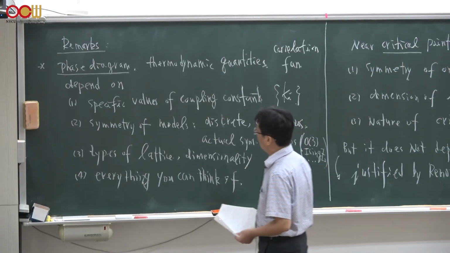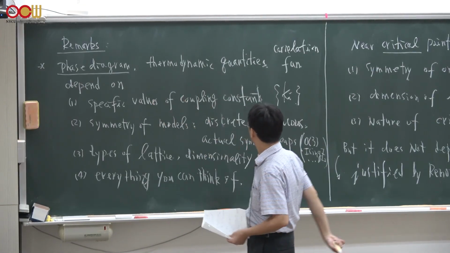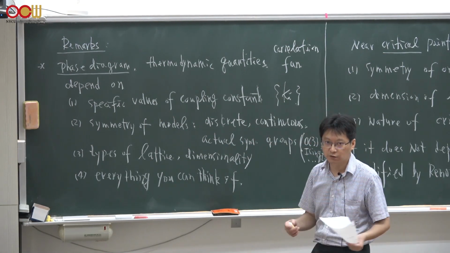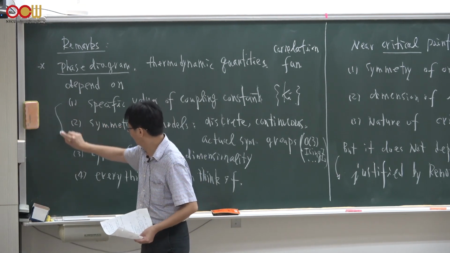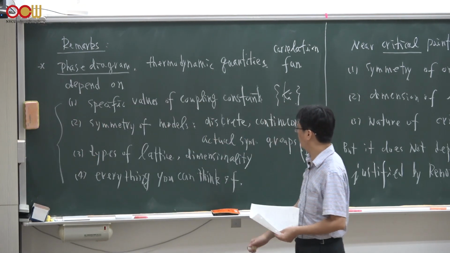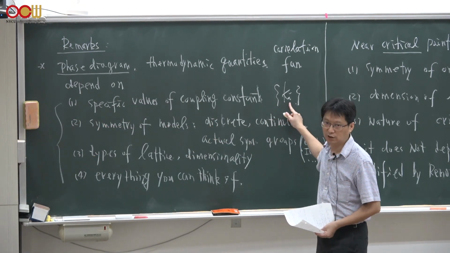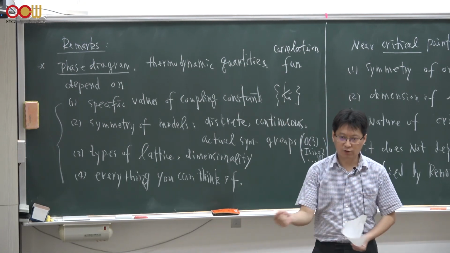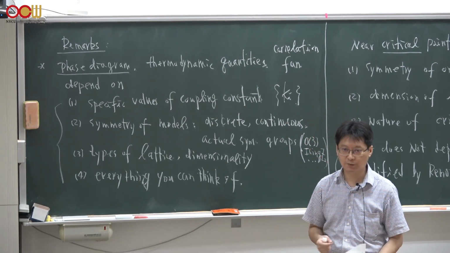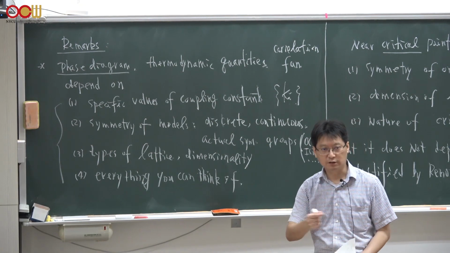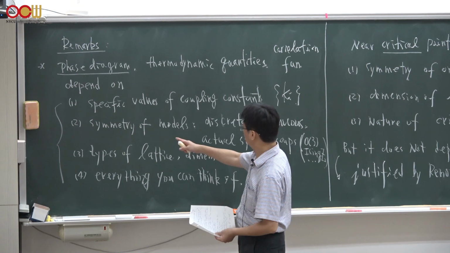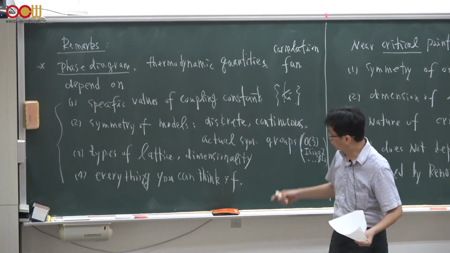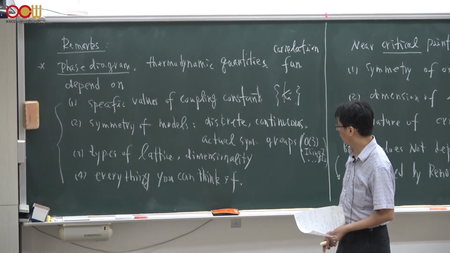Usually the phase diagram, the thermodynamic quantities and correlation functions of many statistical many-body systems depend on the following four factors. One is the specific values of the coupling constants, which I call Ki. Of course, depending on the value of the coupling constant, the system could be in either phase of the phase diagram. And number two is the symmetry of the models. Is it a discrete or continuous symmetry model?